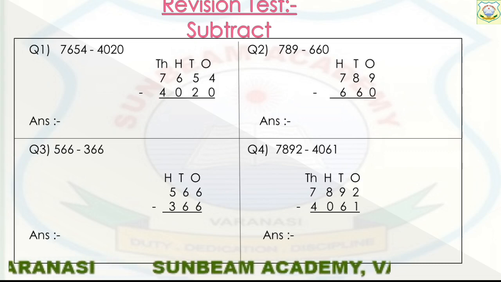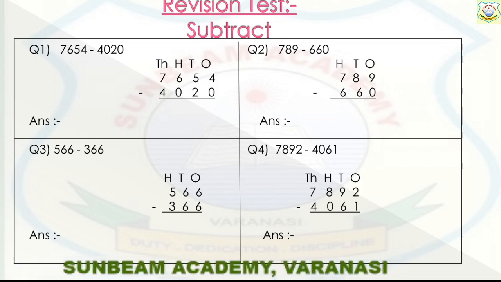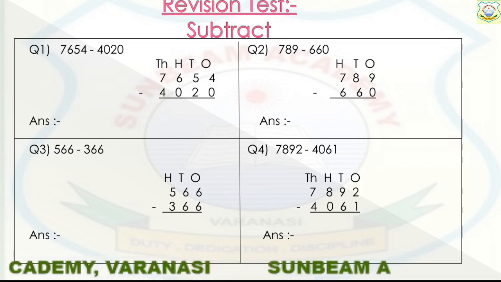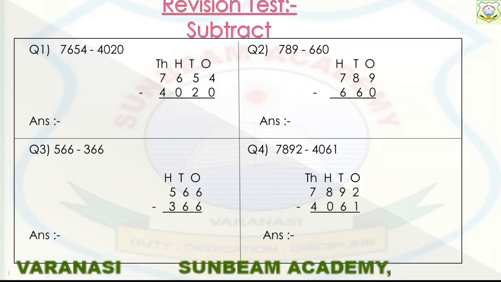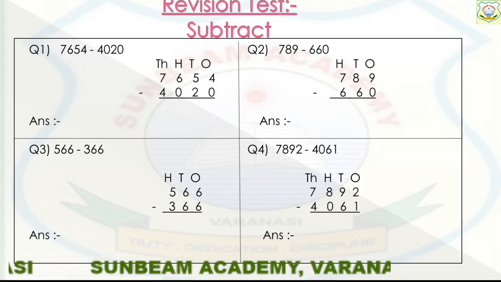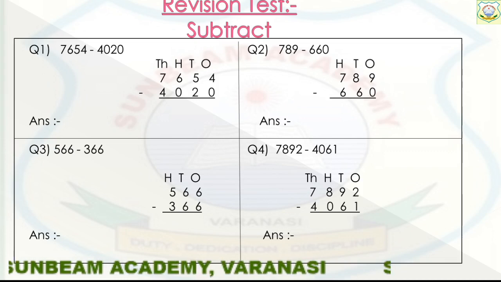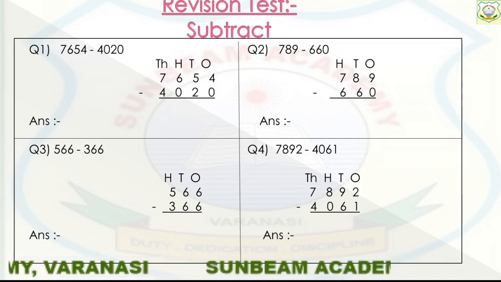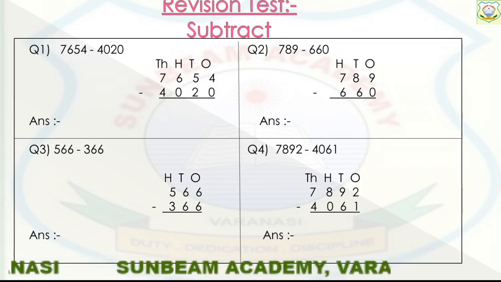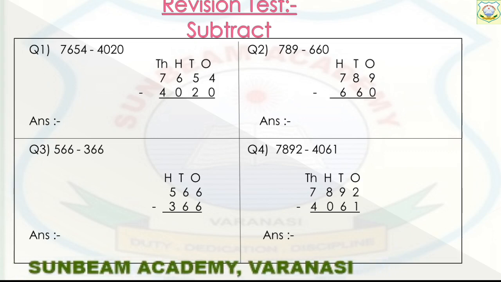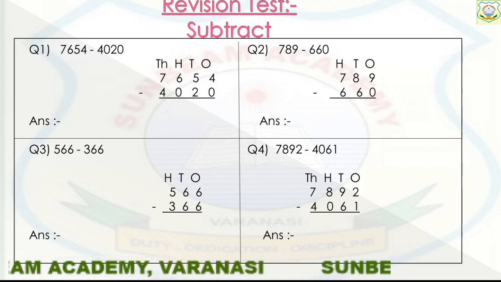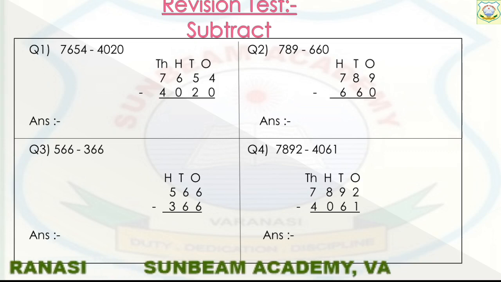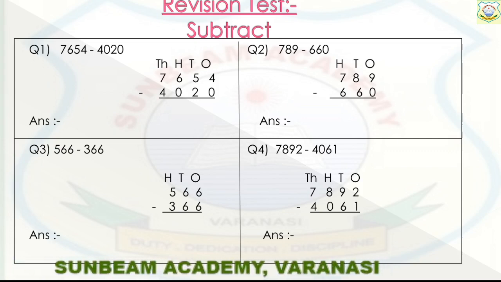Then the fourth question: 7,892 minus 4,061. Do it. You don't have a lot of time. Do fast. Draw the line, write the digits and solve. In this period only you have to complete it.